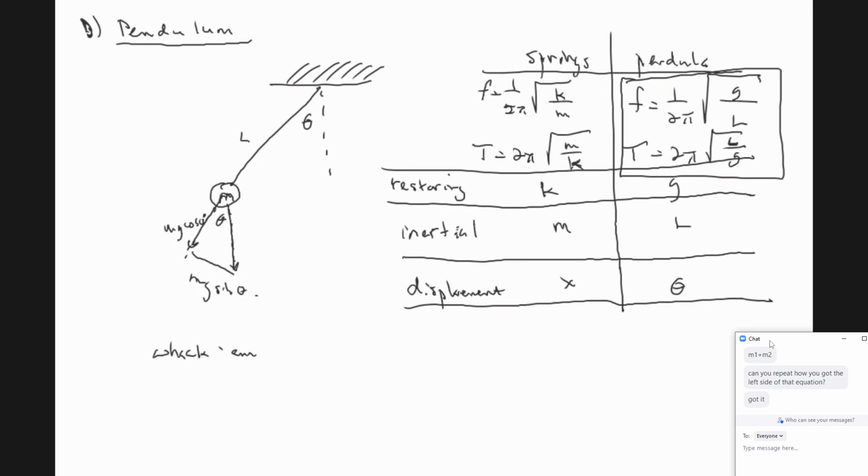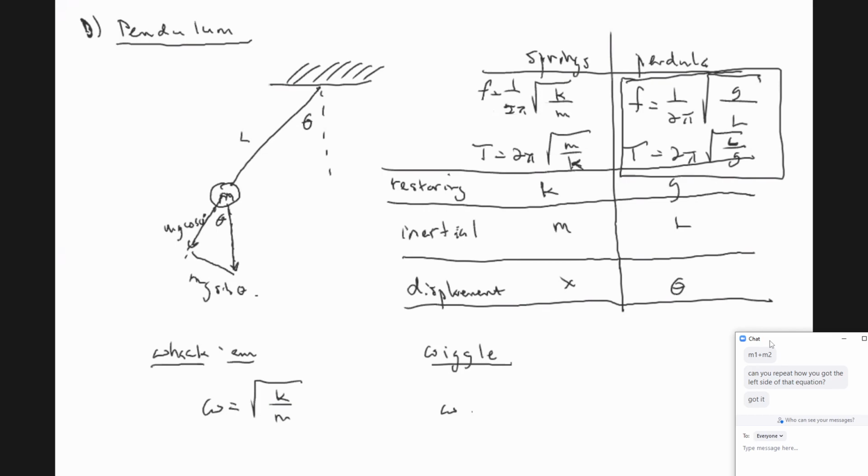So when we whack 'em, omega is equal to the square root of k over m. Whack 'em: omega, square root of k over m. And when I think of pendula, it's like wiggling, right? Think of a dog's tail that wags back and forth. So I think of the mnemonic "wiggle."